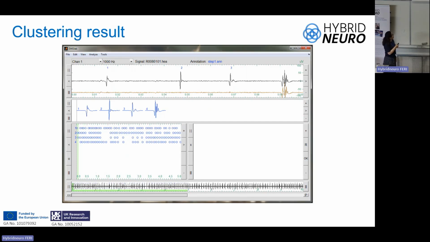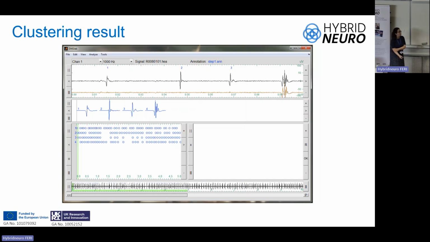Now, what you have in this panel is the discharge pattern. You have seen a lot of raster plots in the previous presentation. Here, we represent each discharge with one point. Now, this signal was recorded during an isometric contraction at a constant force.